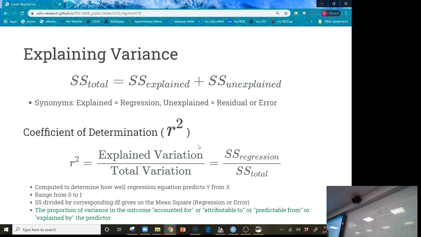If you multiply it by 100, it tells us the percent of variance that's explained by the model. So correlation tells us, is mood related to recall? The coefficient of determination tells us what percent of the variation in recall is explained by mood.